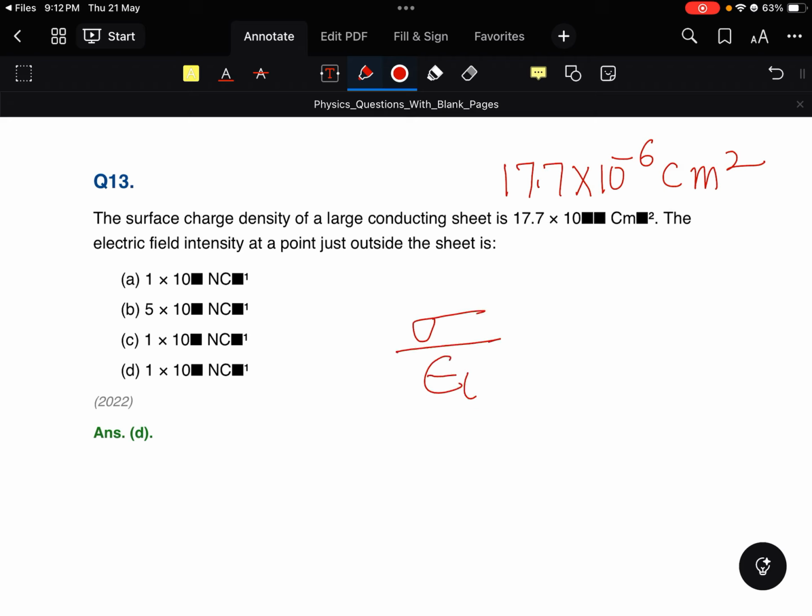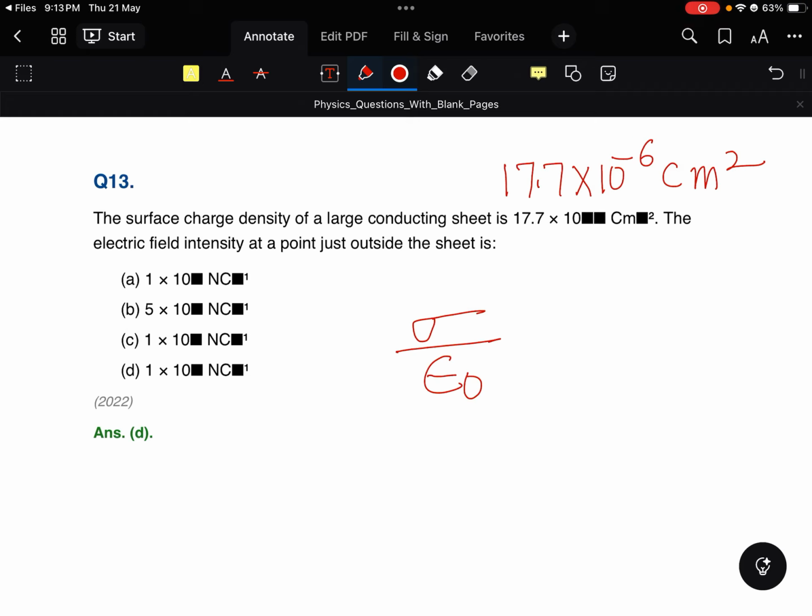It is sigma upon epsilon naught. So that you can find. But this is not given, so you take it as sigma upon epsilon naught. You evaluate this.